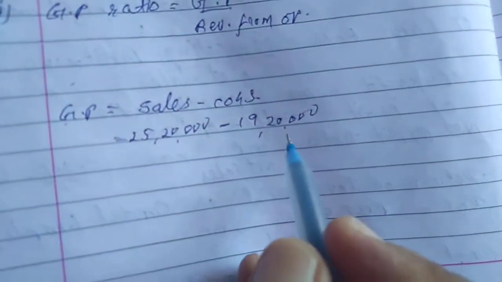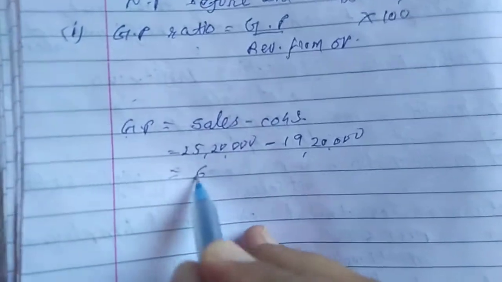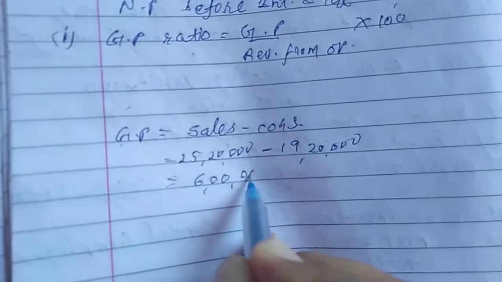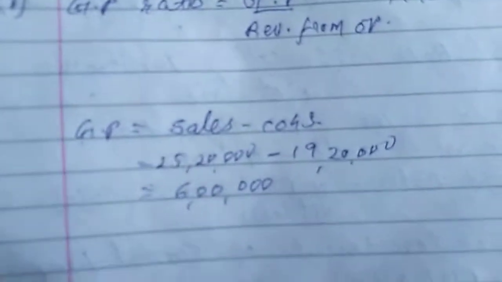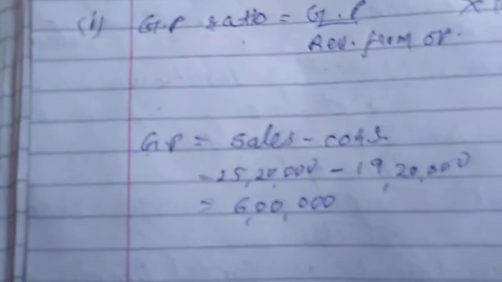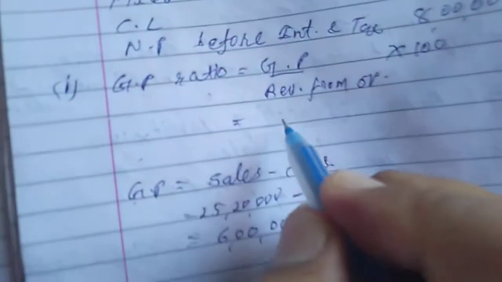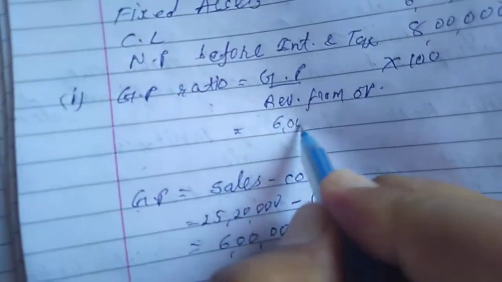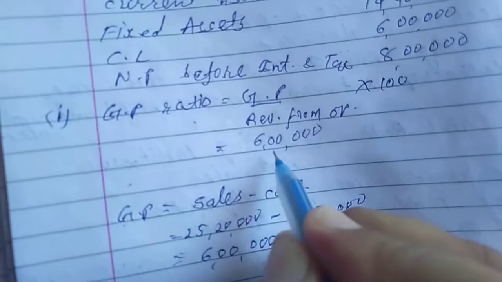So 25,20,000 minus 19,20,000 is 6 lakh. So 6 lakh is our gross profit, and in the formula we can put gross profit as 6 lakh.